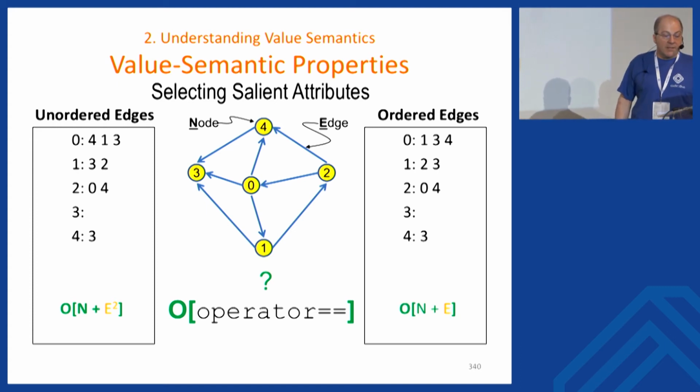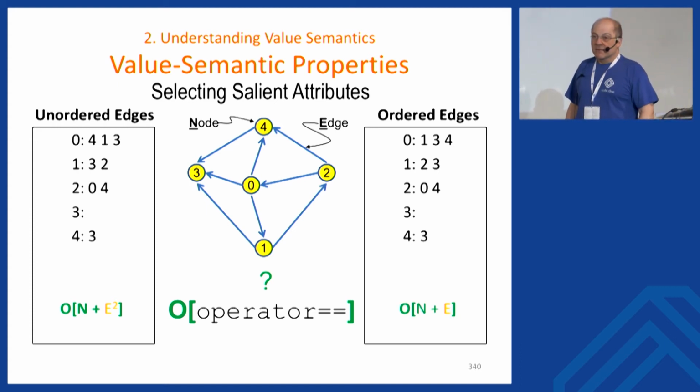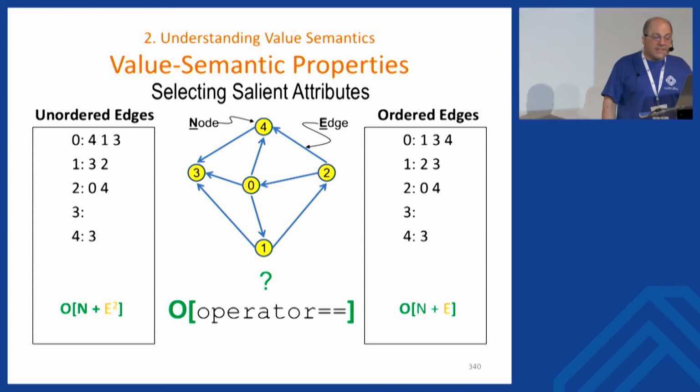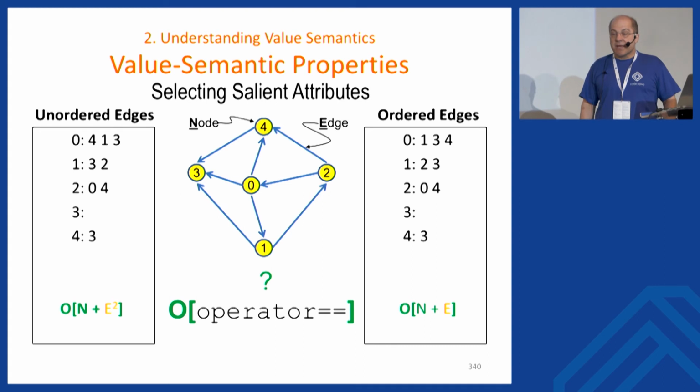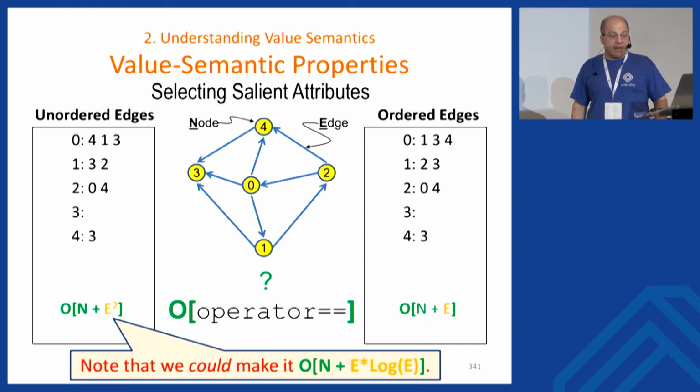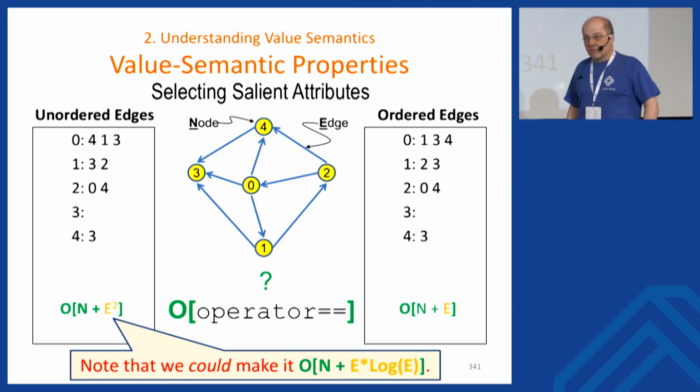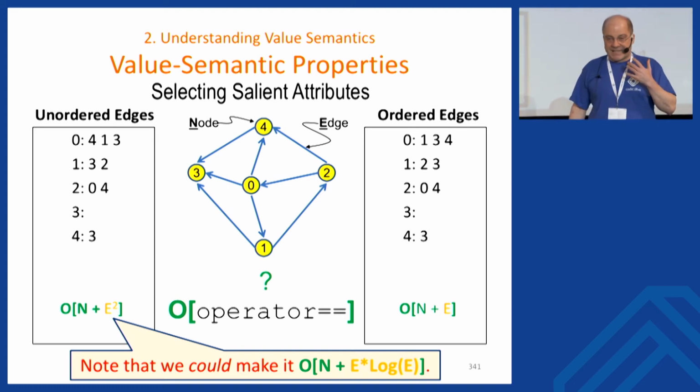And in the ordered edges, it's going to be n plus e, because we've got it already organized, and we can just traverse it. Now, this is not the best big O case. We could actually make it this way, but that would be dumb from an expected case runtime.